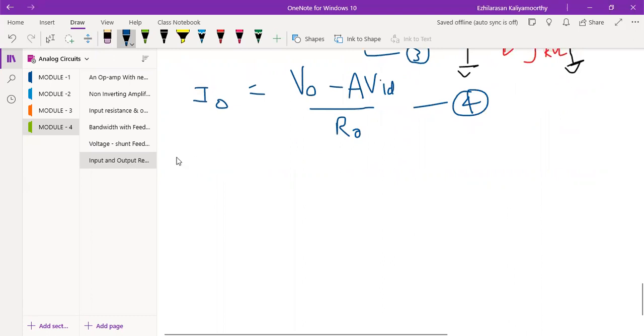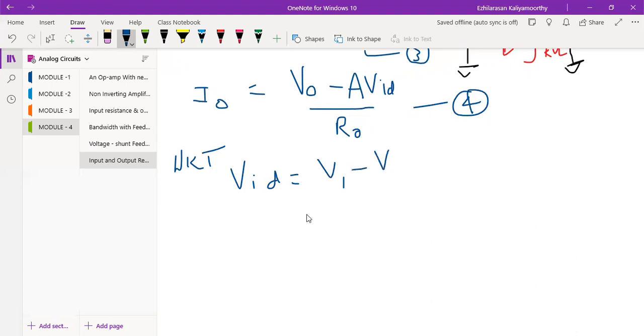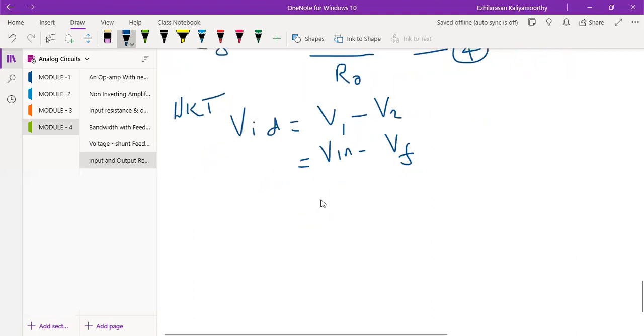Now we know that VID is equal to V1 minus V2. Again, this can be written as V1 is nothing but your Vin, and V2 is nothing but the feedback voltage, that is Vf. So what is the Vin?